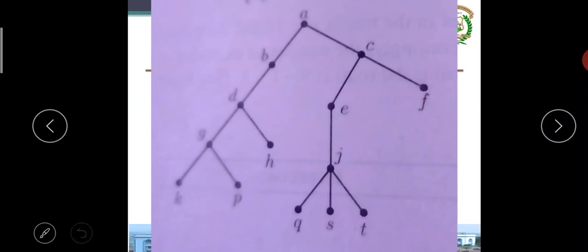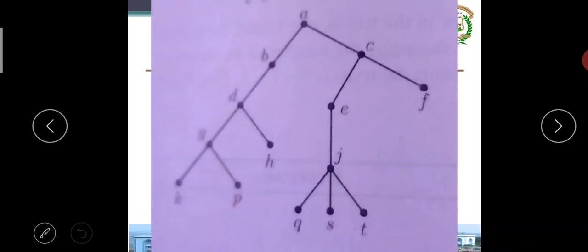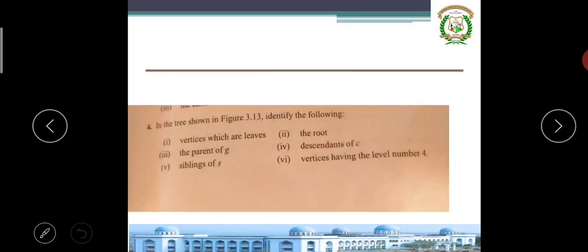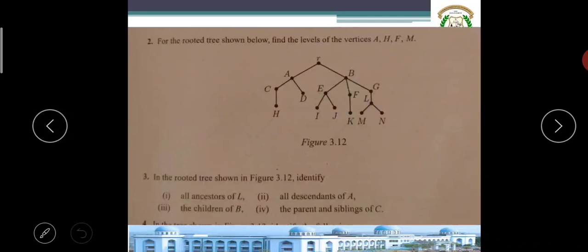The parent is D, because D is the parent of G. Next question: descendants of C. The descendants of C are E, J, Q, S, T. Next, siblings of S. The siblings of S are Q and T.